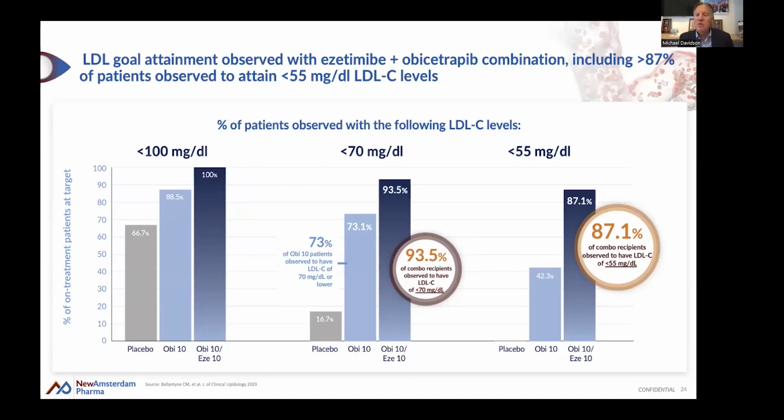An oral, no food effect, can lower LDL in that 40% range as a monotherapy, close to 60% as a combination with ezetimibe. It will be a very easy add-on therapy for anyone who's on statins, whether they're on high intensity or less than high intensity, moderate intensity, or even no statin if they can't tolerate statins. This would be an easy add-on to get almost everyone to their desired LDL-C levels.